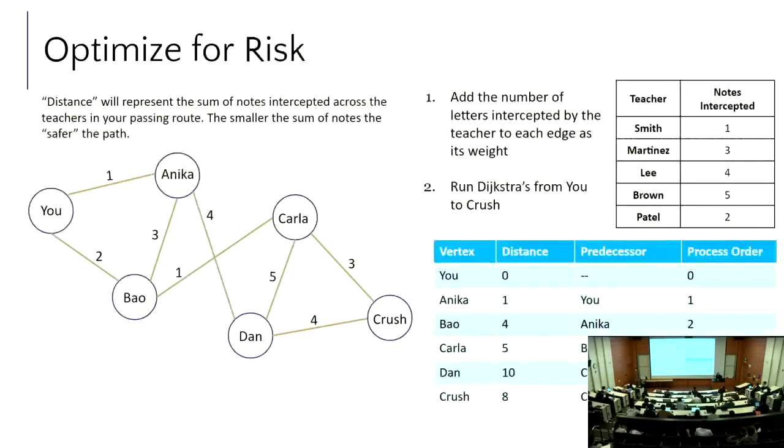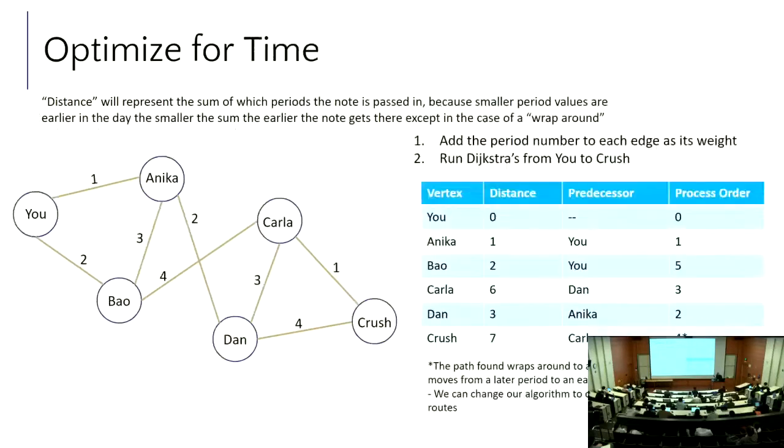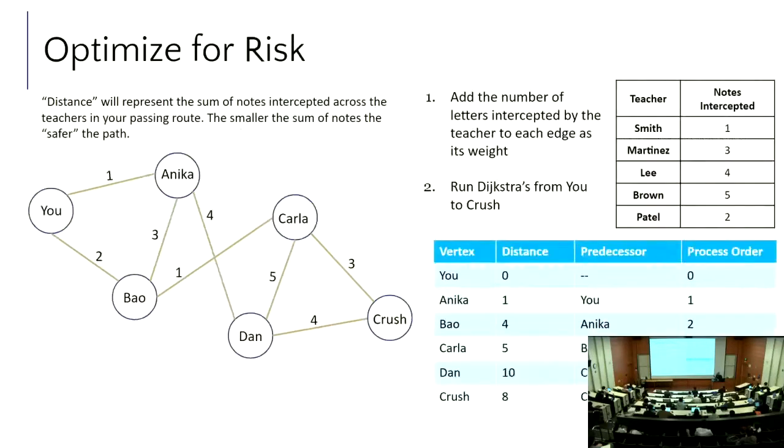One other piece I'll show you too. So this was optimizing for time. Another way to optimize is for risk. Remember I told you that if a teacher sees it, they're going to take it? Well, what if we knew how likely it is that a teacher takes notes? So maybe we keep an eye. And there are certain teachers, Mr. Brown, who are particularly effective at intercepting notes. And so in that case, here I've changed this.